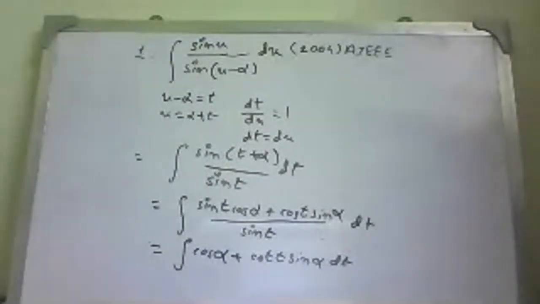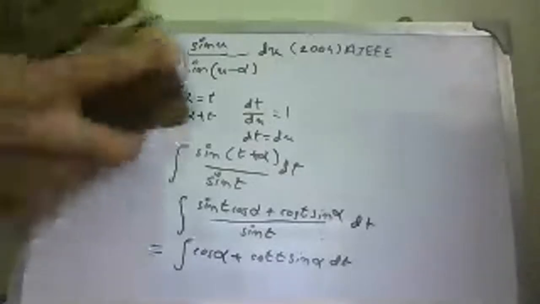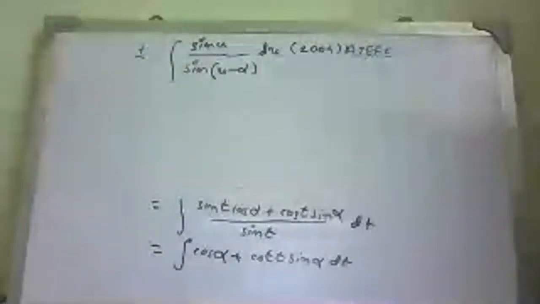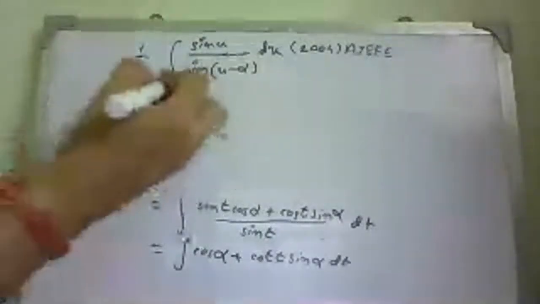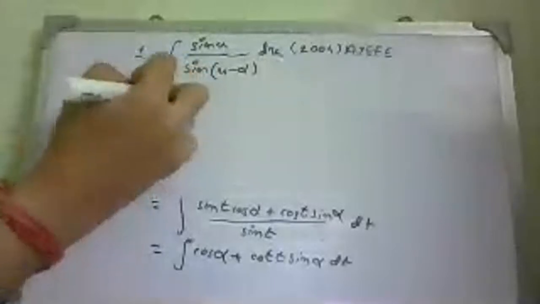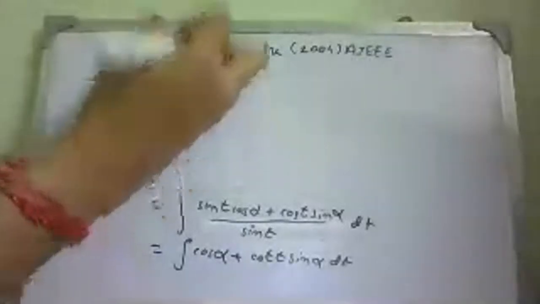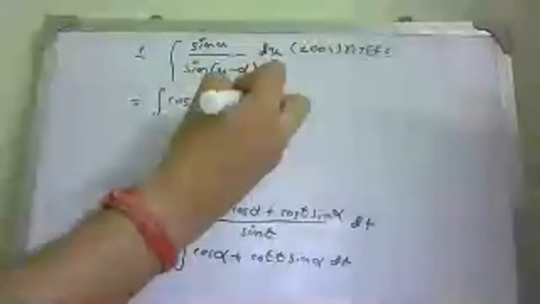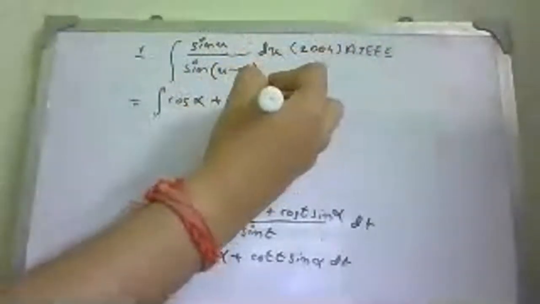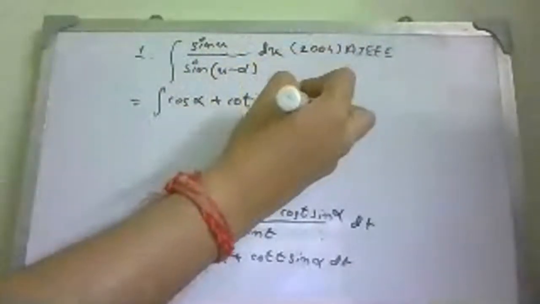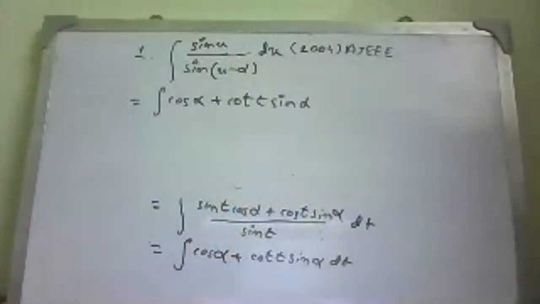Okay, let me write the things over here. So we have the integral, this thing is equal to the integral of cos alpha plus cot t sine alpha dt.